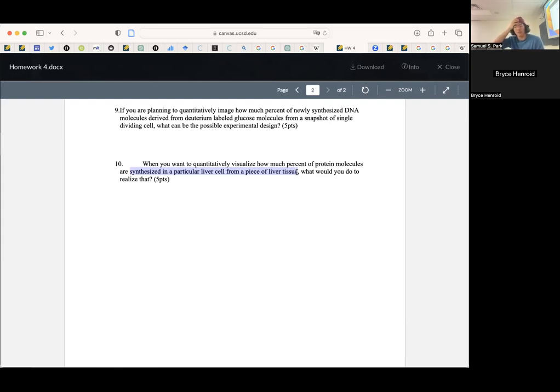Maybe it has to do with newly synthesized proteins not having the glycosylation on. I don't know. This one's hard for me. I'm sure it's in the notes.